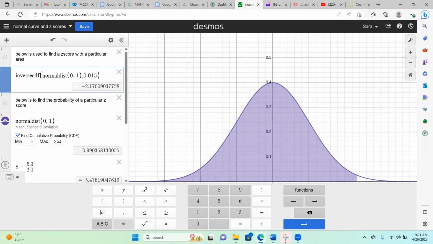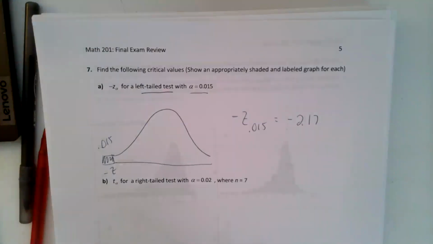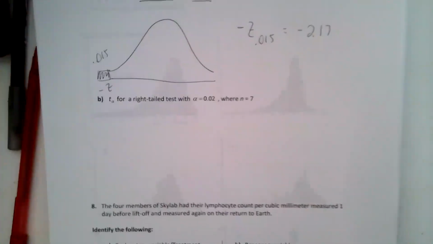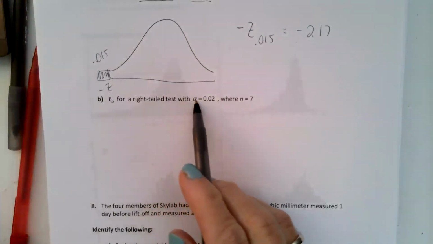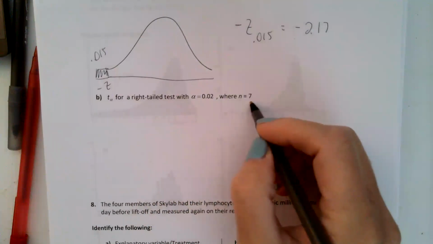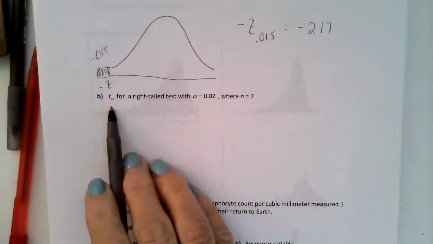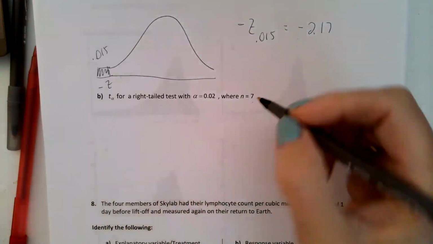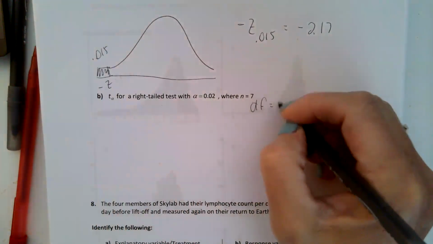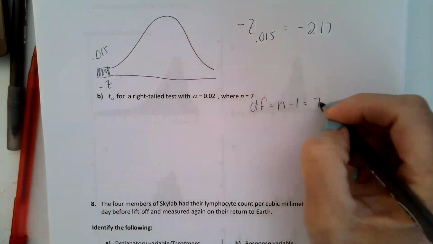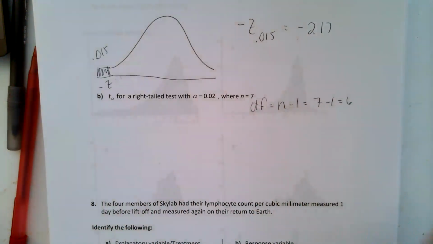Okay, now part B says, let's go back to my paper. Now we're going to find a T alpha, a critical T for a right tail test with alpha at 0.02, where n is equal to 7. So we have to remember when we're using the critical T values, we're using degrees of freedom, which is equal to n minus 1 or 6 in this case.